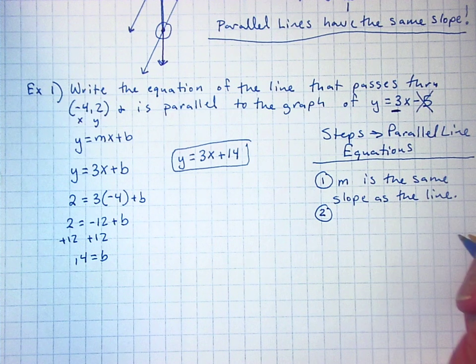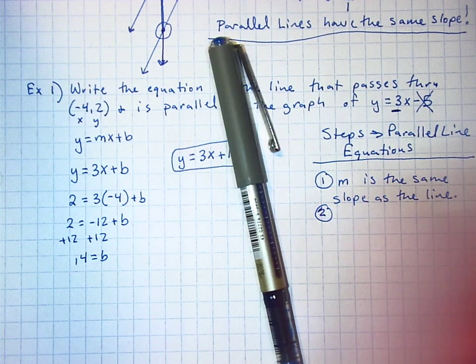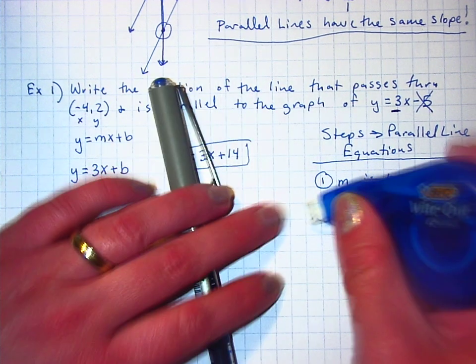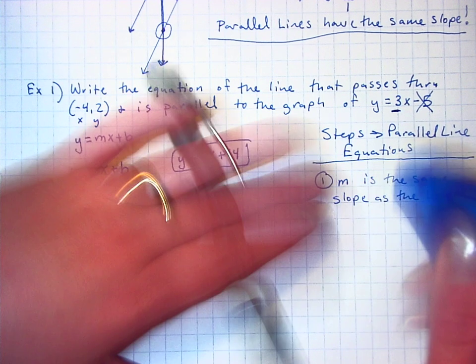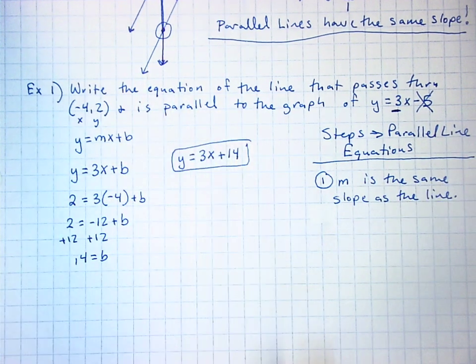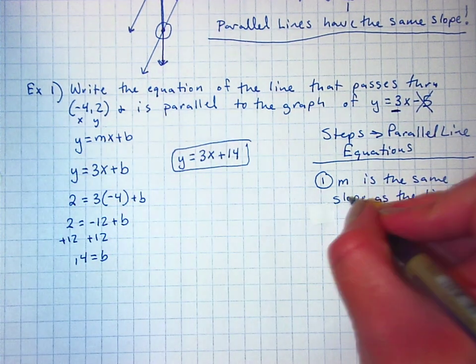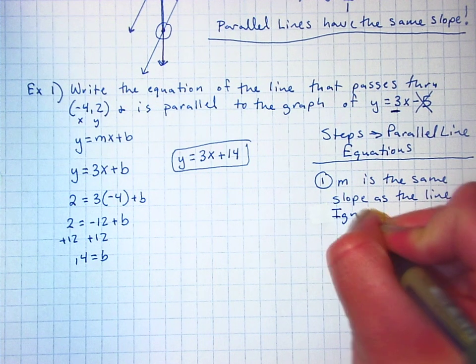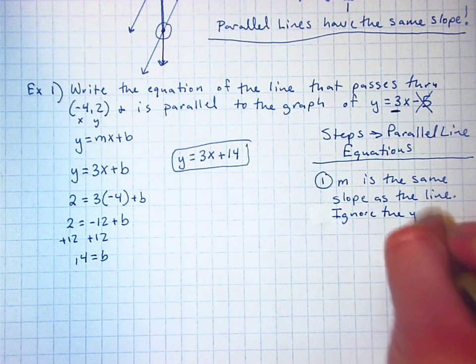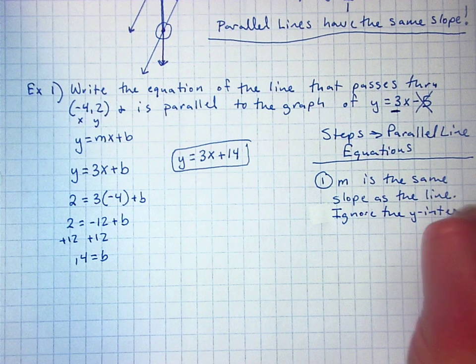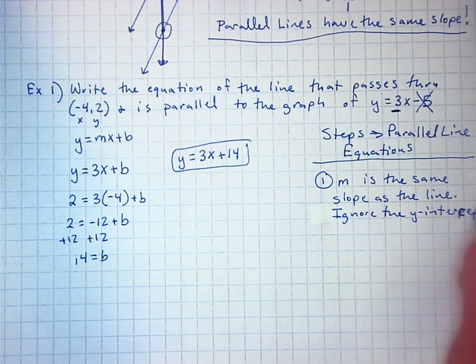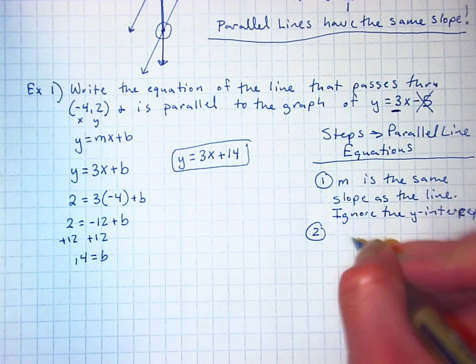All right. I'm going to write right here: m is the same slope as the line, and probably a good thing to write would be ignore the y-intercept. So ignore the y-intercept on that equation that they already gave you. All right, step 2.